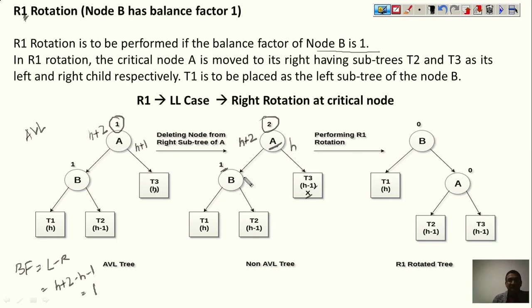When this has a value of 1, we are again doing this kind of LL case. So what is required here?